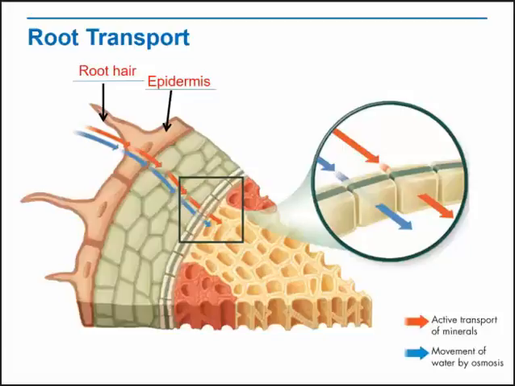The high concentration of mineral ions in the plant cells causes water molecules to move into the plant by osmosis. Osmosis is the movement of water across a membrane toward an area where the concentration of dissolved materials is higher. The root does not actually pump water, but by pumping mineral ions into its own cells, the end result is almost the same.